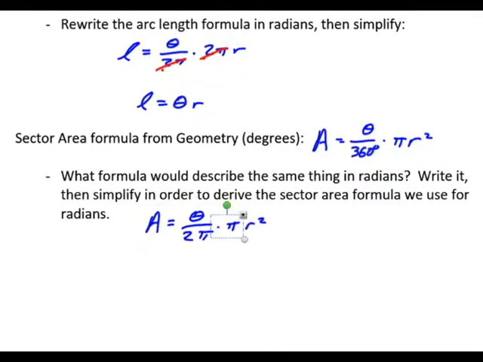Only the pi's cancel this time, so it's not as much fun as the arc length. But we are left with theta over 2 times r squared. And another way to write that is 1/2 theta r squared, which is our standard radian formula for sector area. So that's how we got these formulas.